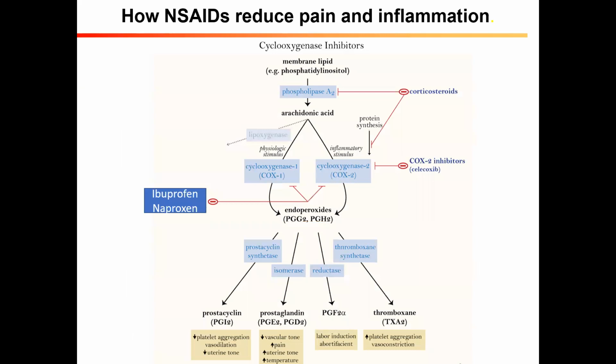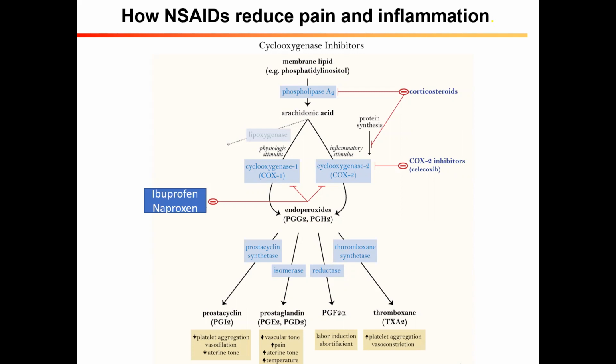So what do we know about ibuprofen and how it works? We have a well-established pathway whereby in our plasma membrane, we have lipids. And one of those lipids is arachidonic acid. That arachidonic acid is broken down by cyclooxygenases: cyclooxygenase 1, which is called COX-1, and cyclooxygenase 2, which is called COX-2.